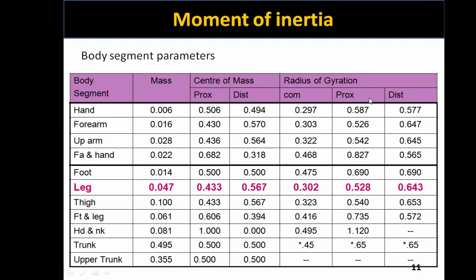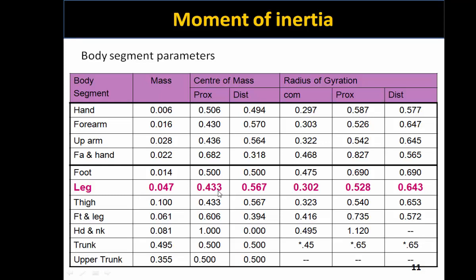Because we're dealing with the lower leg here, we're going to focus on these numbers right here. It's also important to note that the center of mass for the lower leg is located 43.3% of the distance from the proximal end, which is the knee joint.